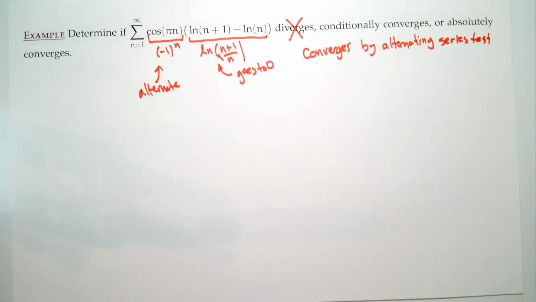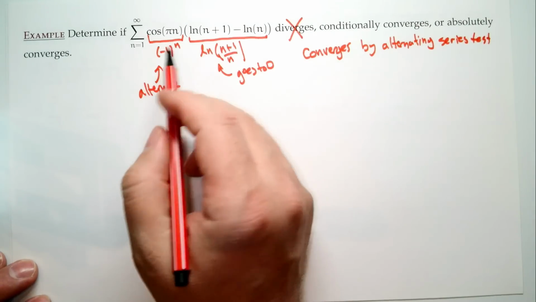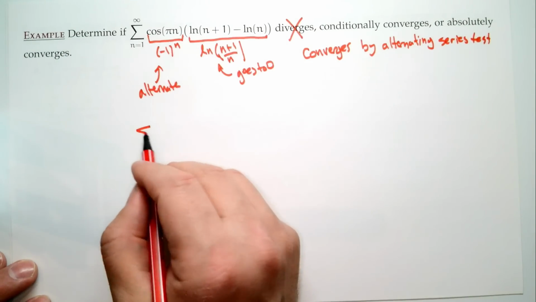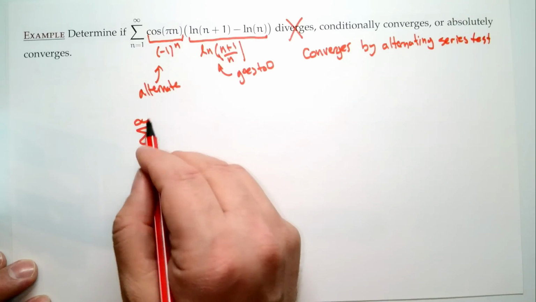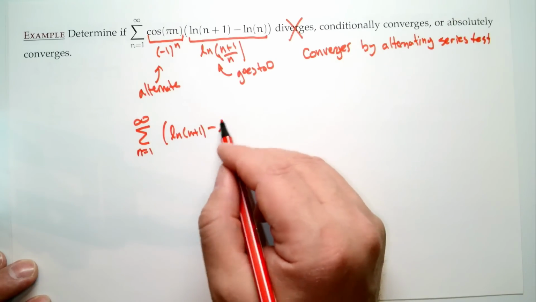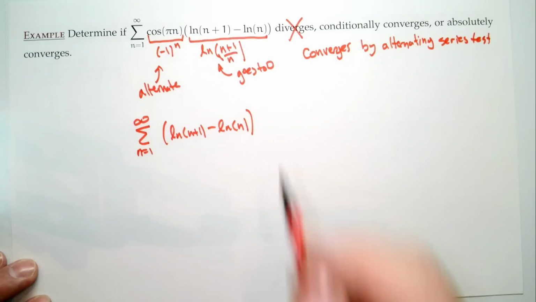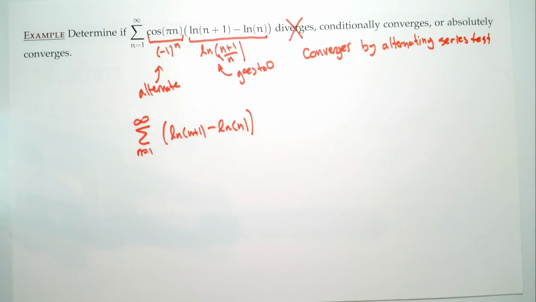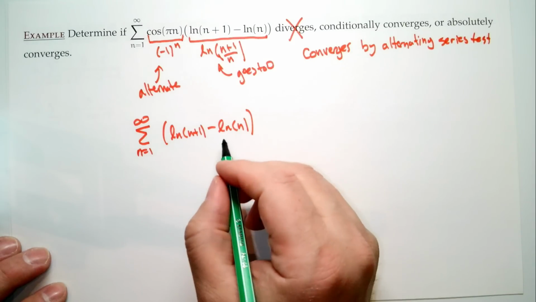Well, to figure that out, drop the alternating sign. So look at the sum n equals 1 to infinity of log n plus 1 minus log n. This looks like something that should telescope, so that's a good reason to look at it that way.